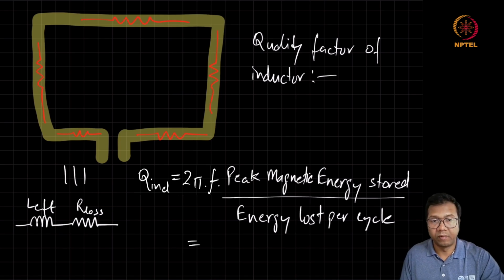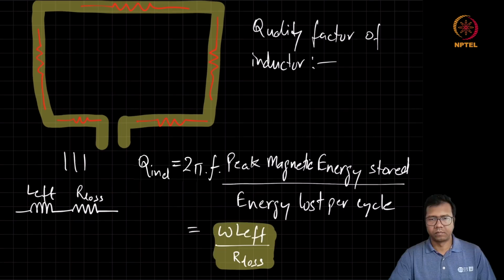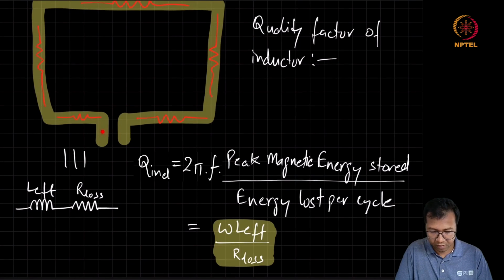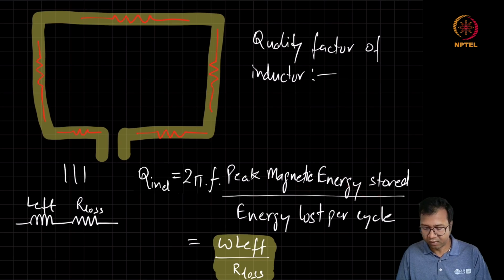So if we find the Q of this inductor at a given frequency, it is going to be equal to omega L effective divided by R loss. The Q of this inductor can be very easily derived by assuming that current I is going to flow at frequency omega. Then the energy stored at any time is going to be half L i squared.